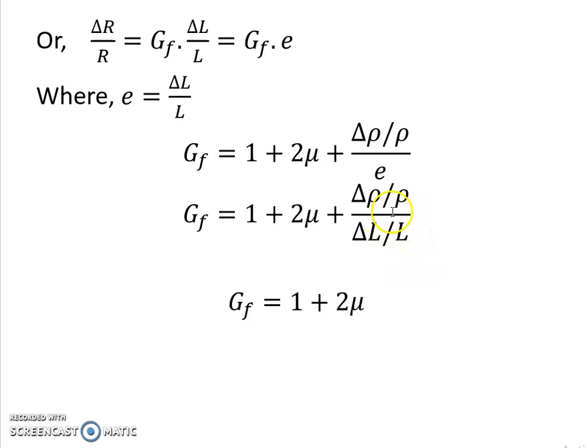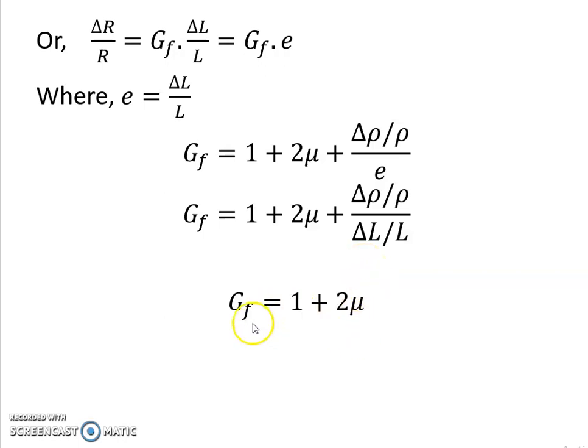If the change in the resistivity is negligible, that is, if the piezoresistive effect is negligibly small, we can write GF is equal to 1 plus 2 mu. So this is the equation for gauge factor.